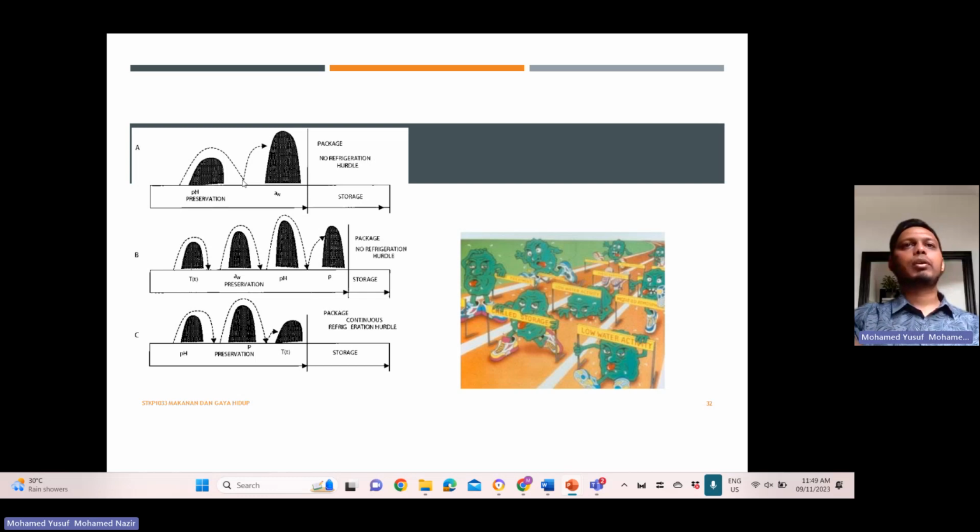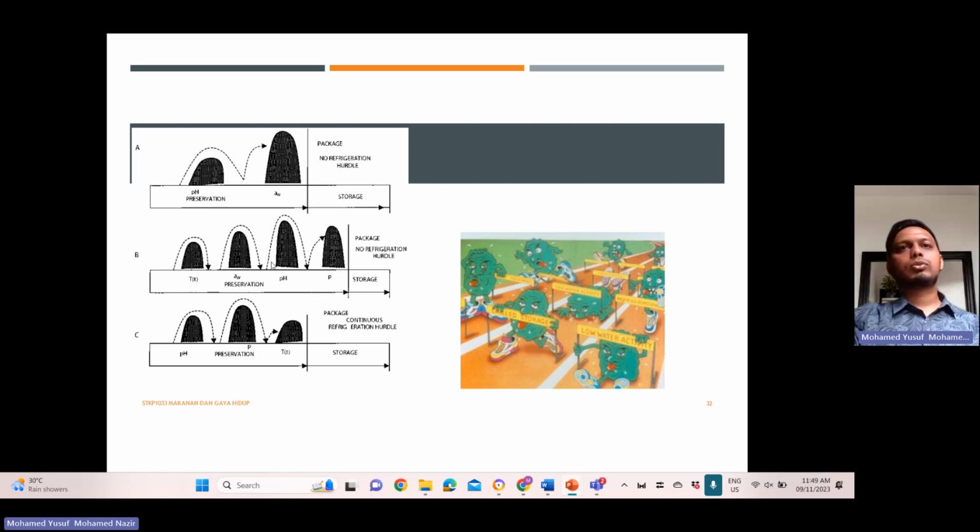But if we combine it with controlling the water activity, we will be able to control the growth of the microorganism, where the package will need no refrigeration hurdles. So it will also save the cost of storage.